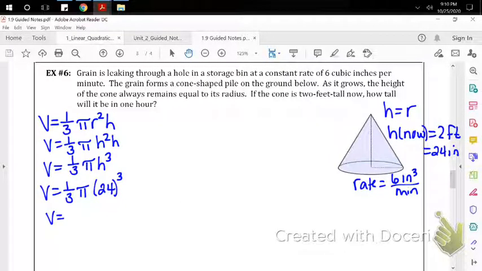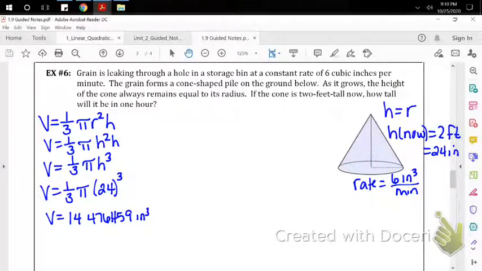So the volume right now would be 1/3 pi times 24 cubed. And so I got 14,476.459 inches cubed. Okay, so that's my volume right now.